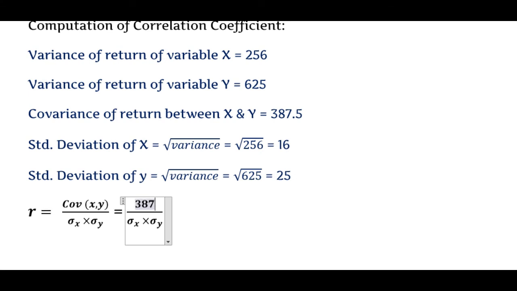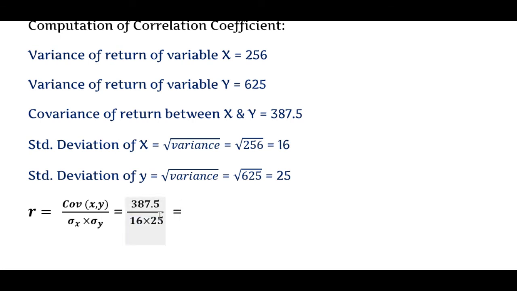Let me write that value here, 387.5 divided by the standard deviation of x and the standard deviation of y. The standard deviation of x is equal to 16, whereas the standard deviation of y is equal to 25. So this is how you need to write.